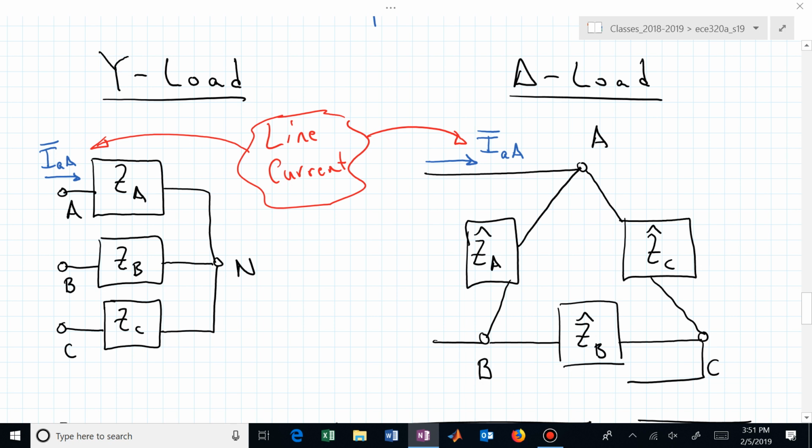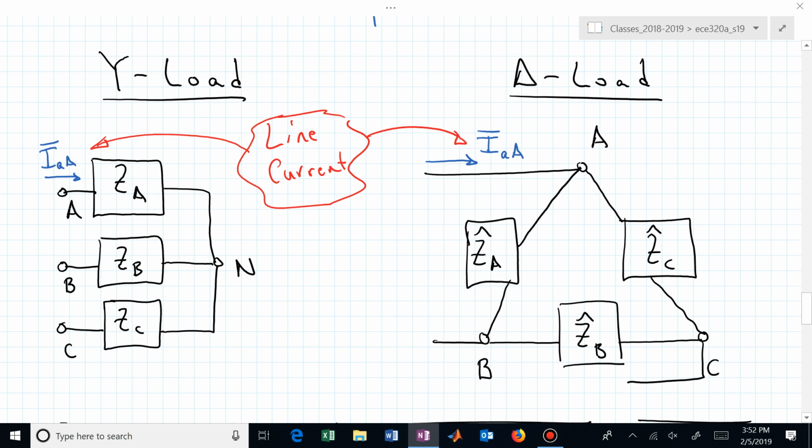Okay, now I'm asking for your comment. But do you see what's the same now? The line current and the phase current are equal in what interconnected structure? In the Y. Just the opposite of what the voltages were. Because here, the line current in the Y load is exactly the same as the phase current.